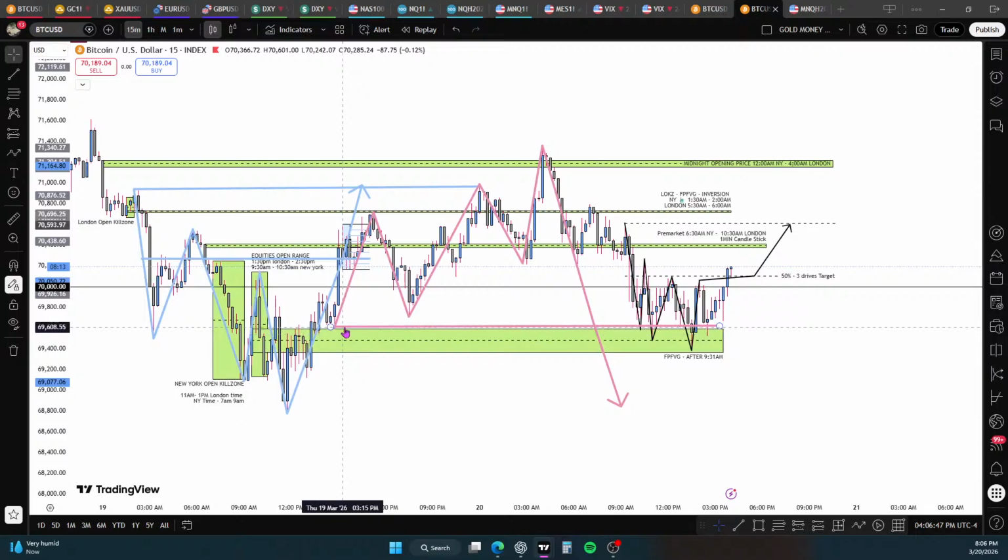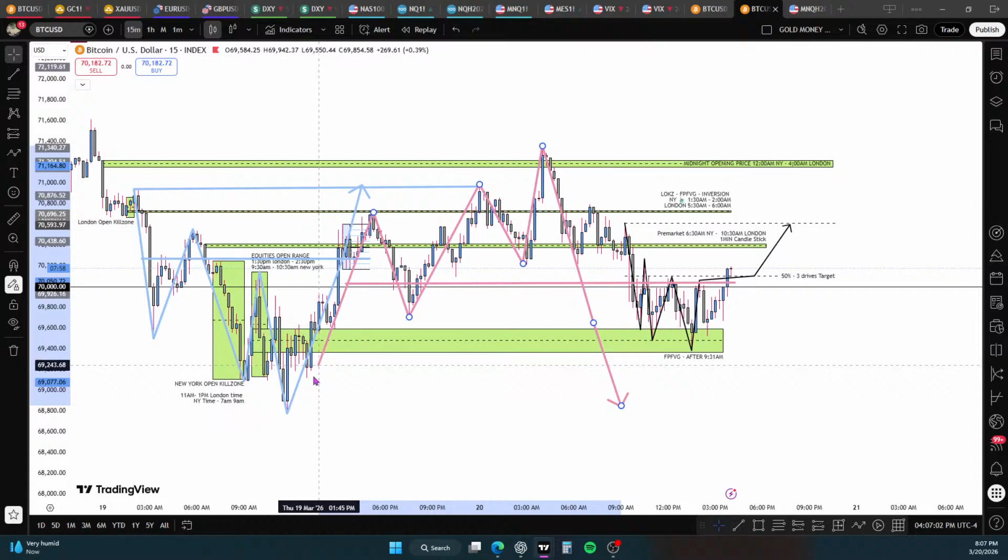To be honest, if you're using this idea, then actually the 50% would be around here, of this drive. So there's not a real need to use all of that, because if you're just focusing on the low that caused the first high, then it's going to be this low that caused this run up.